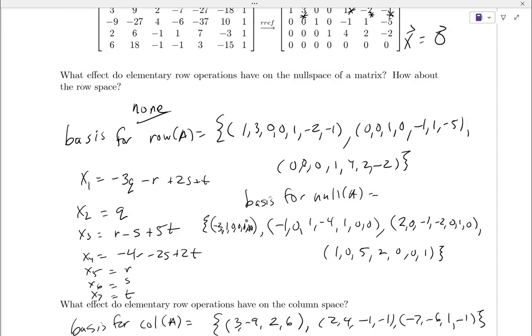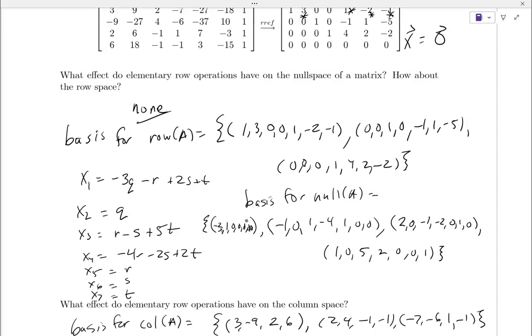But notice again, like I mentioned at the beginning, what's the dimension for your row space of A? 3. I can see the 3 vectors in there, right? What's the dimension for your column space? Also 3, isn't it?